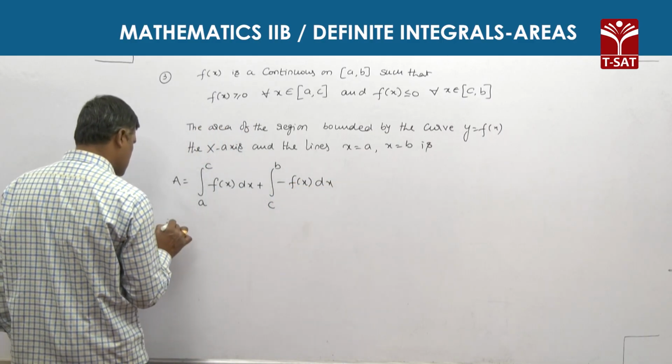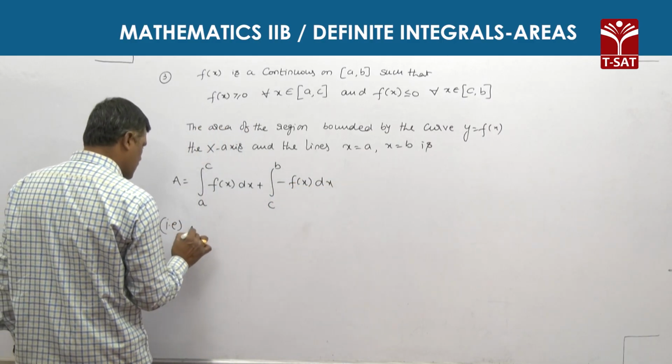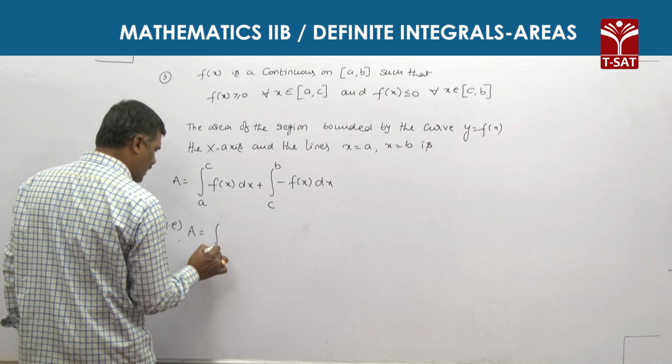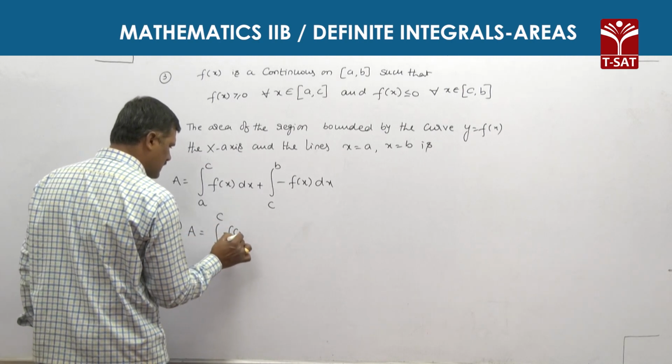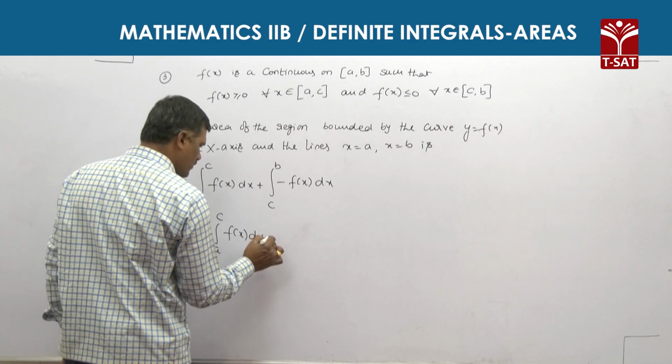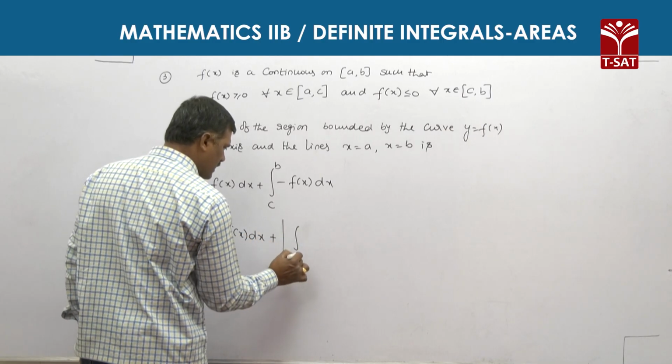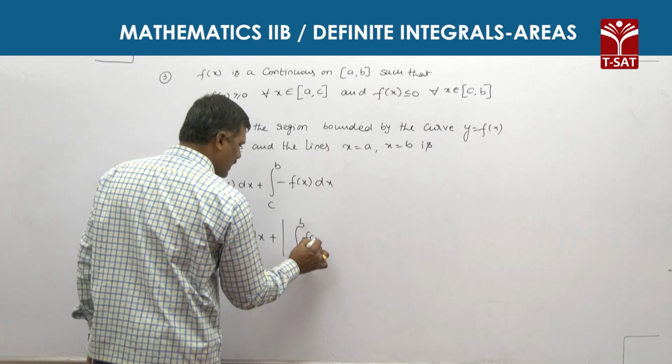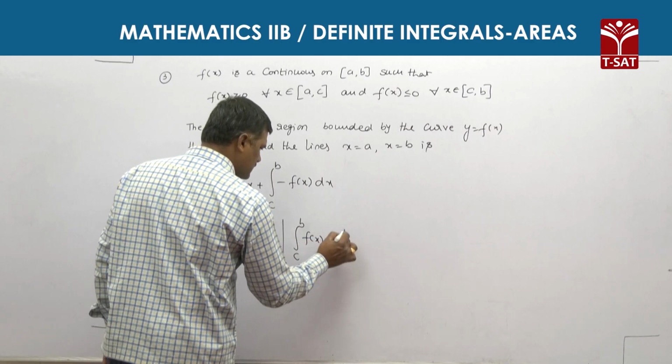That is, A, the required area, equals integral of a to c f of x dx plus modulus of integral c to b f of x dx.